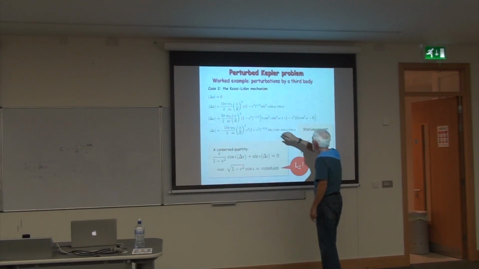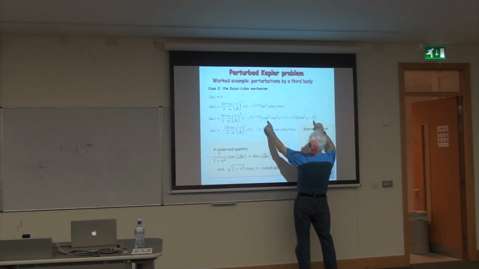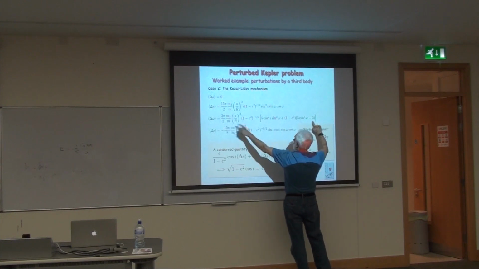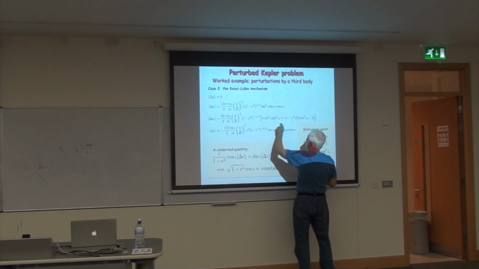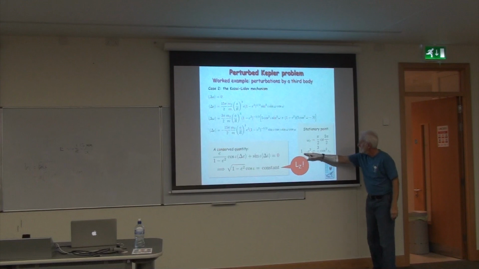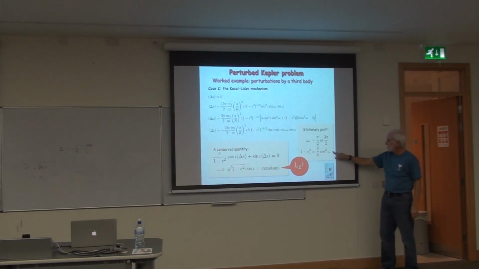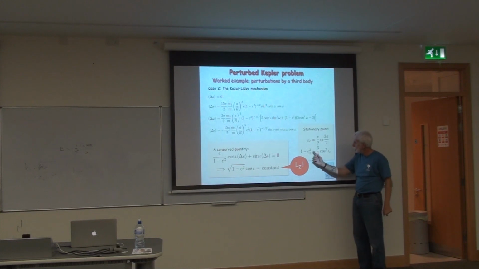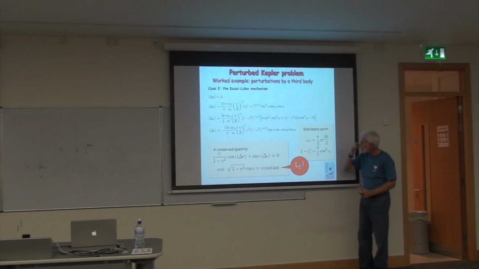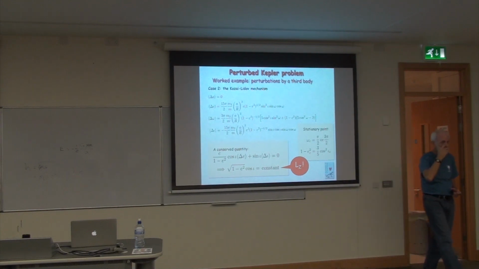If these two are constant, then everything here is constant, and then this will be constant as long as this thing satisfies a constraint, and you can work out that constraint as given by that. So with a certain eccentricity and a certain inclination, and a certain orientation of the orbit, there's a fixed point in these equations.